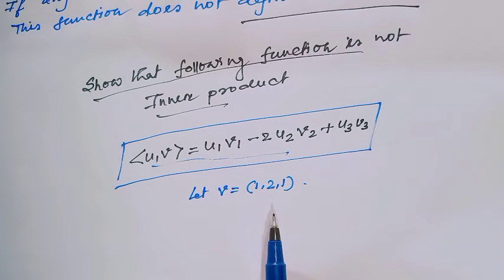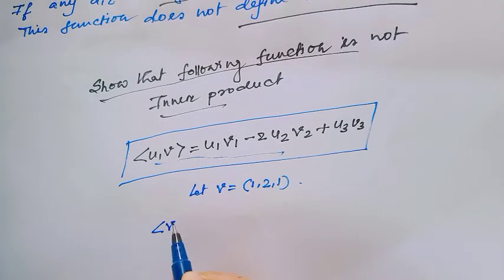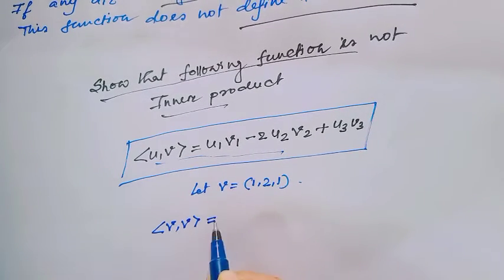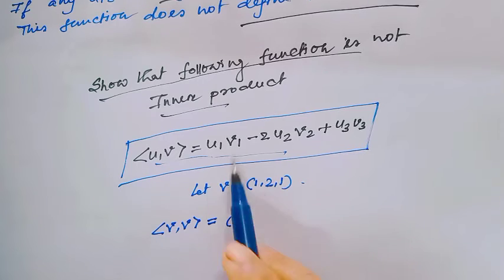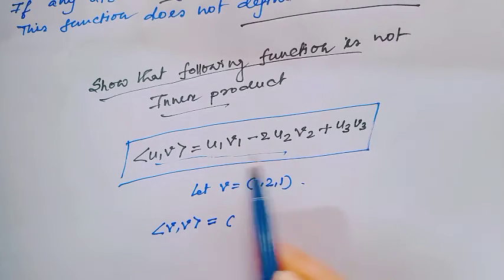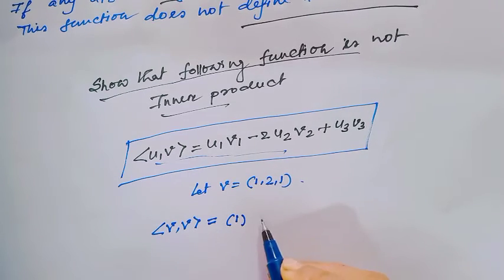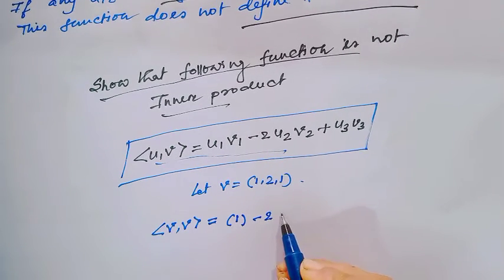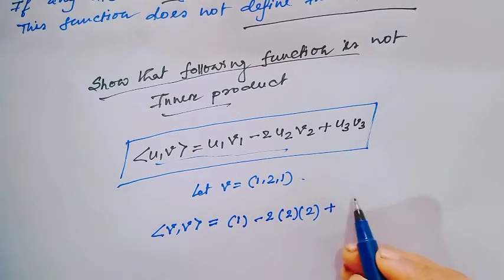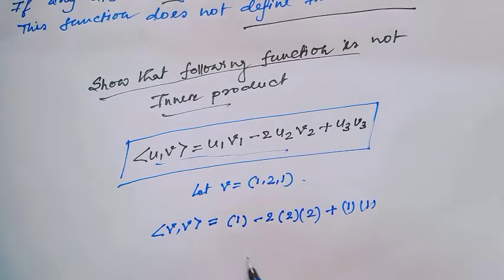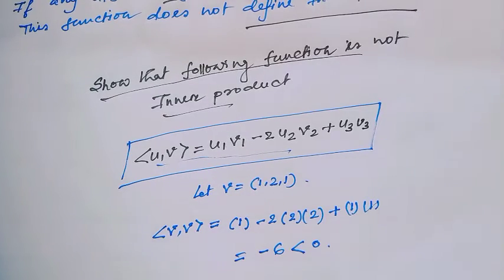Consider V equal to the vector 1, 2, 1. Then inner product V with itself is equal to, just put this vector's components in this expression, 1 minus 2 times 2 times 2 plus 1 times 1, and this is equal to minus 6, which is obviously less than 0.